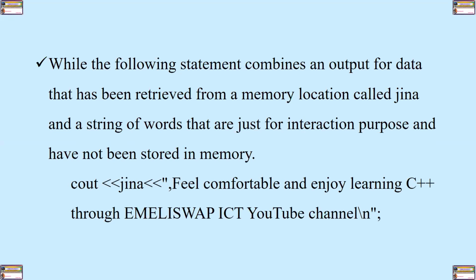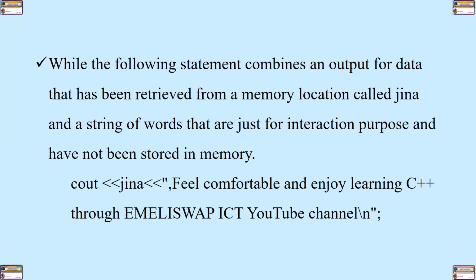So what this statement simply means, it is telling the compiler to pick the message, feel comfortable, and enjoy learning C++ through Emily Swap ICT channel, together with the name or the content of the memory location called Gina, and display them on the monitor, cout.